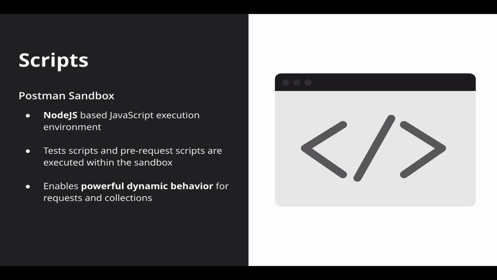Postman Sandbox is a node.js based JavaScript execution environment. So all the test scripts and the pre-request scripts that you write are executed within the sandbox. And the Postman Sandbox is what enables these powerful dynamic behaviors for your requests and your collections.